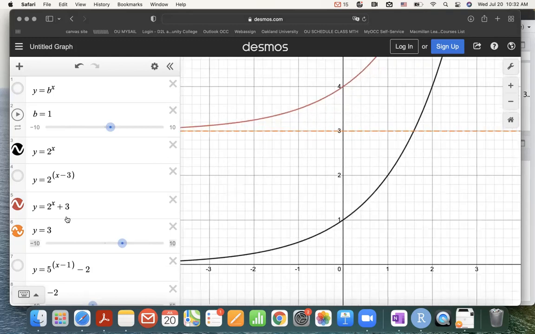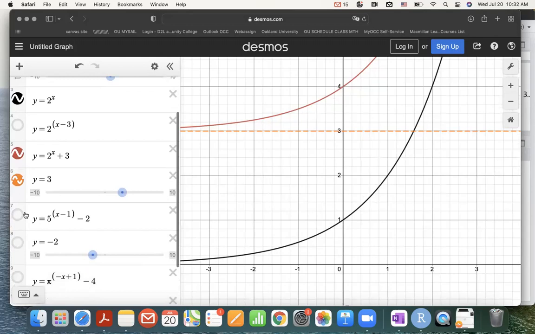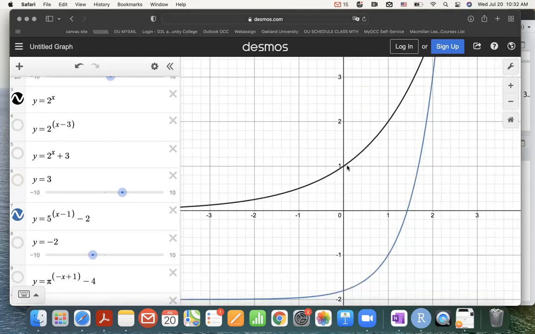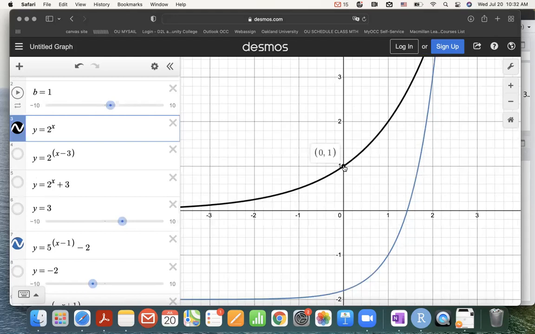The second one is y equals 2 to the x minus 1, and then minus 2. So that means you shift to the right 1 and then you shift down 2. From the basic graph, which always starts at (0, 1), you shift right 1 and then you shift down 2.